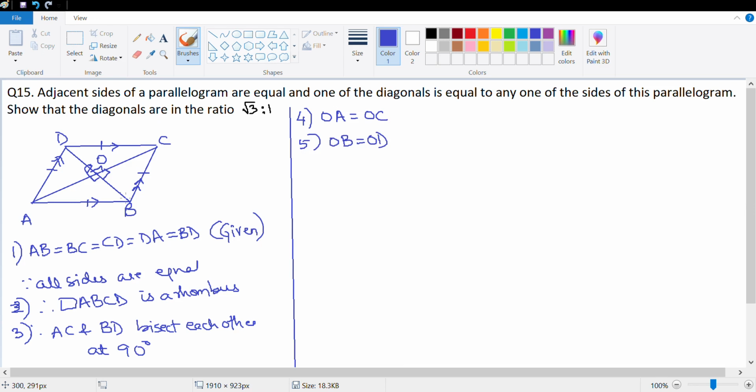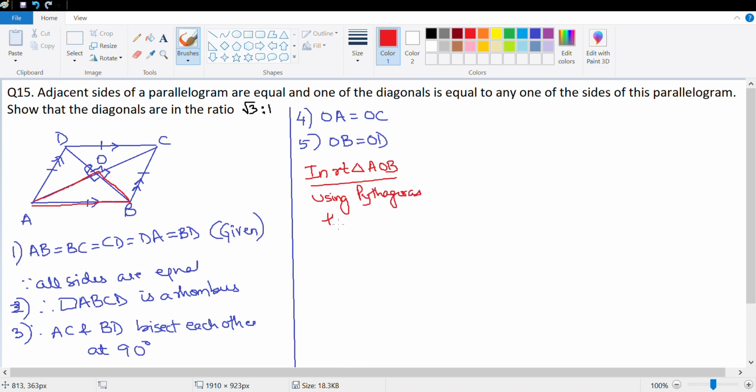Oh, I don't think I'm applying any midpoint theorem in this, so I don't know why this question is in this chapter. Anyway, so OA is equal to OC and OB is equal to OD. So now I can apply Pythagoras theorem. Let's look at this triangle first. So in right triangle AOB, using Pythagoras theorem, let's see what we get.